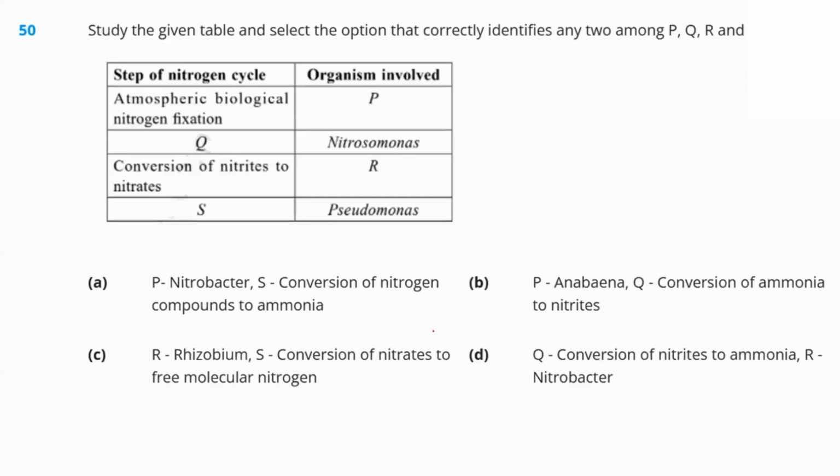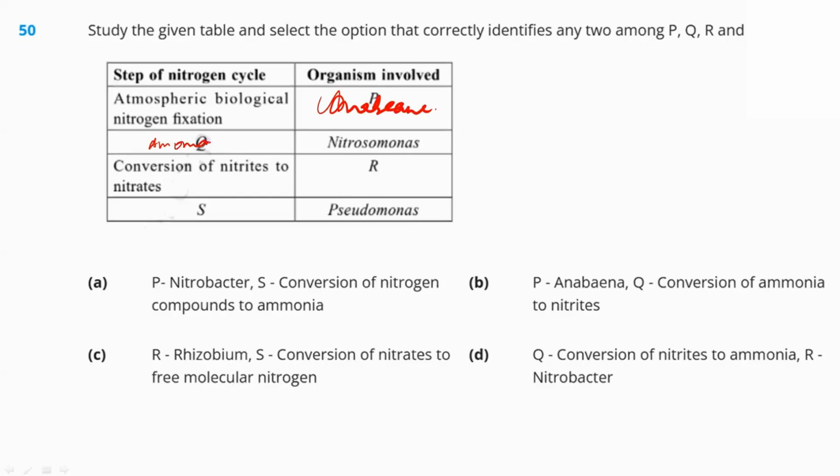Next, the final question is: study the given table and select the option that correctly identifies any two among P, Q, R and S. The step of the nitrogen cycle, atmospheric biological fixation, the organism involved is Anabaena. Then Nitrosomonas is the conversion of ammonia to nitrites.